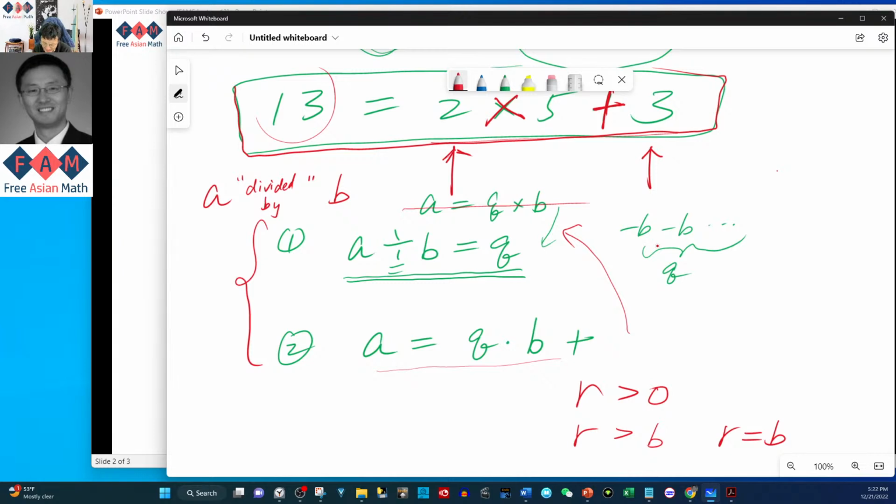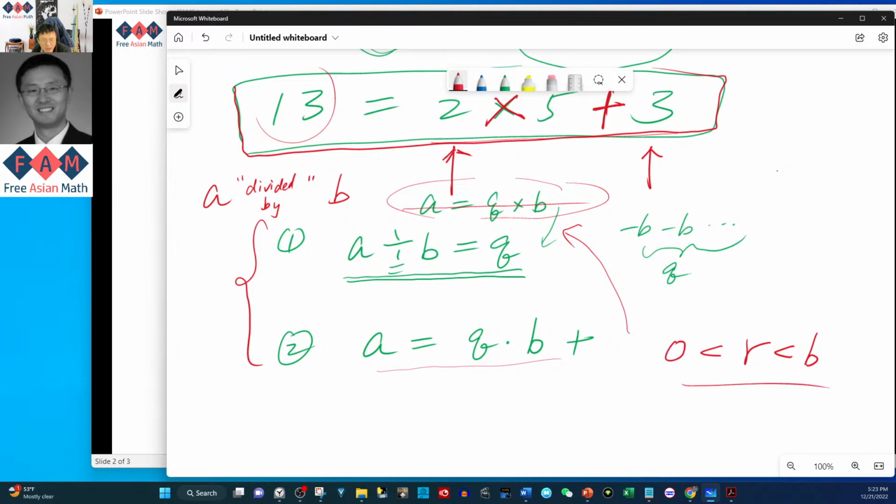We are discussing the case where A is not a multiple of B. So that means we have to have this condition: R is less than B. So combining those two together, we came up with this conclusion. R, the remainder, has to be strictly smaller than the divisor B, and in this case, the remainder has to be positive. That's why we have a remainder.